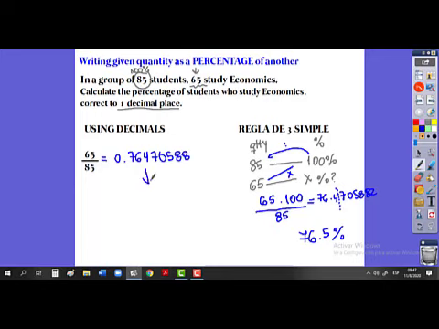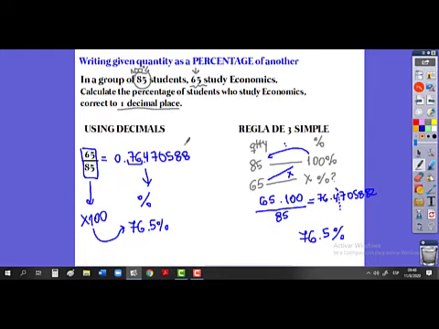If we need to convert this decimal to a percent, what did I tell you at the beginning of the video? We take the first two numbers and put a dot, and then we need to round. This would mean 76.5%. Or you do this calculation and afterwards multiply by 100, and you will obtain the same number.